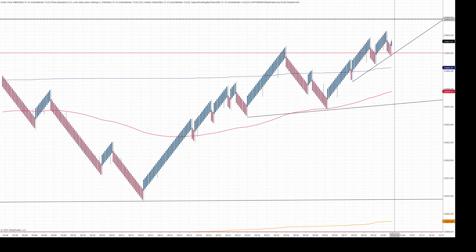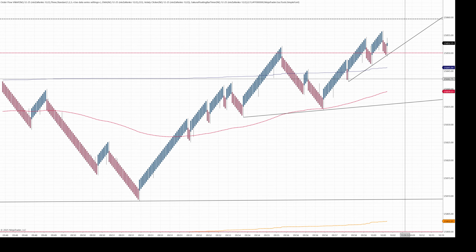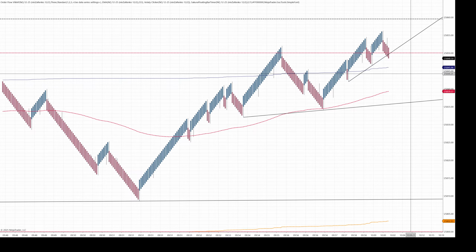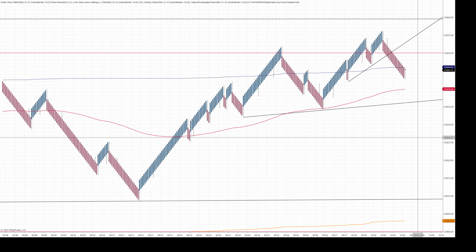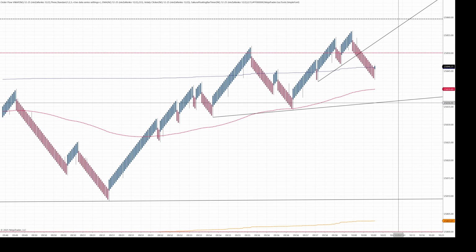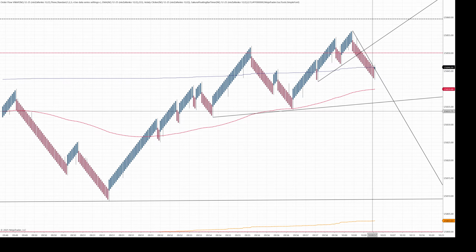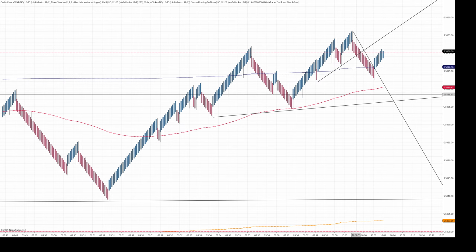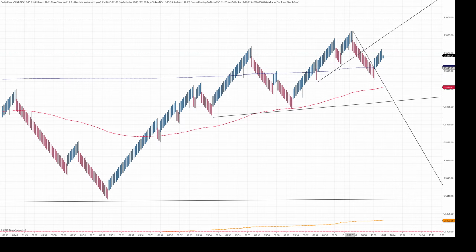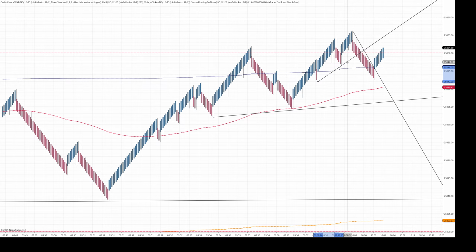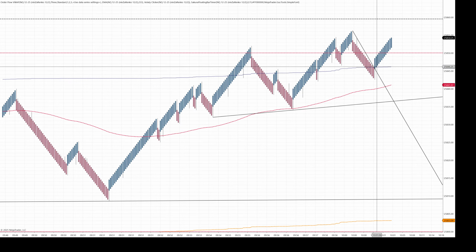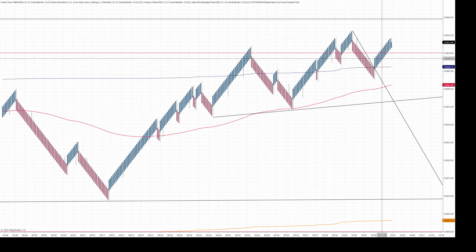Will the buyers go and retest the all-time high? We'll find out. This was a nice bounce off the standard deviation level, but typically the 50 and 100 levels do act as resistance.